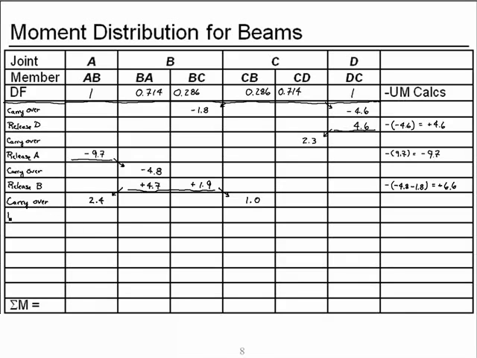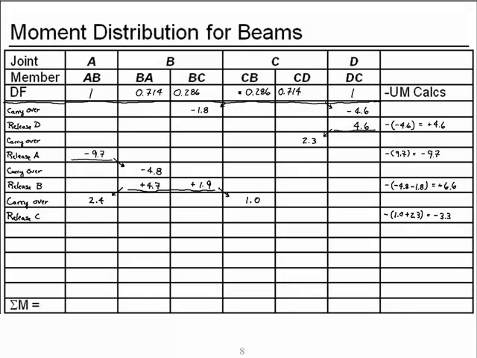Now our biggest unbalanced moment is at node C. Take a negative, and our node was in equilibrium right before we changed worksheets, so only these two contribute to the unbalanced moment. So we have a minus 3.3 foot kips that we need to distribute.